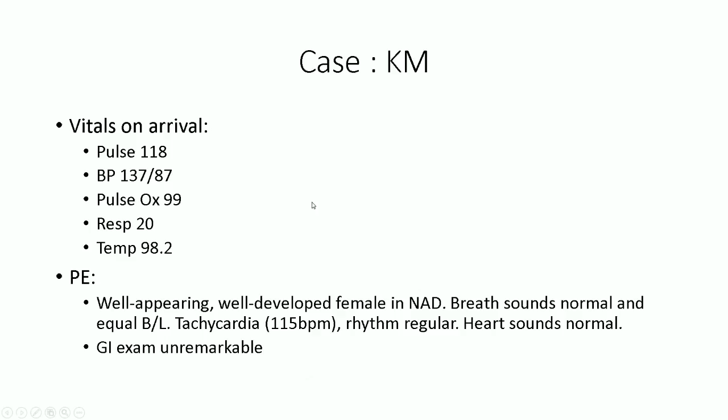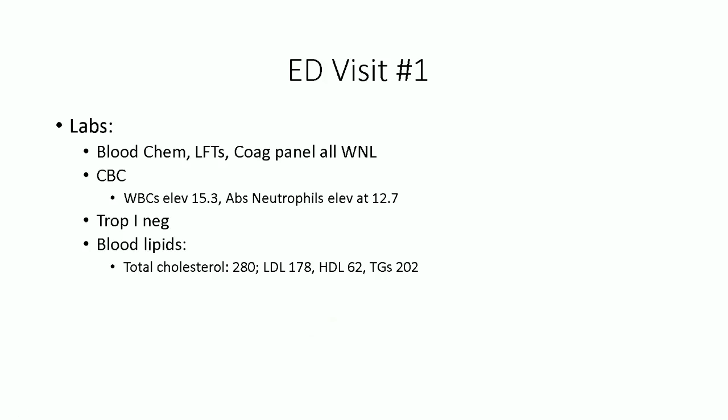So on arrival, her heart rate was found to be 118, BP 137/87, respirations 20. She appeared well and was in no acute distress. So physical exam was basically remarkable only for tachycardia. At that time, 115 beats per minute, and her rhythm was regular with normal heart sounds. Initial labs were performed.